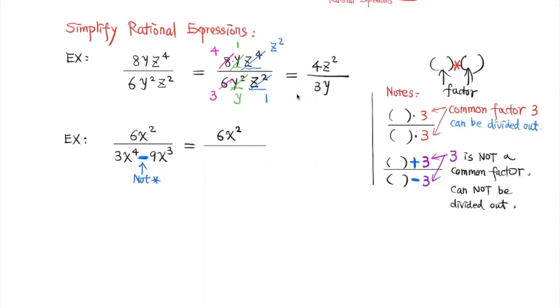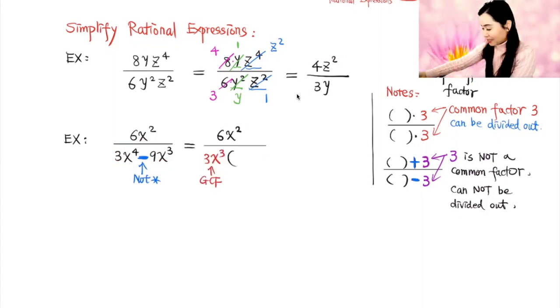Now the denominator is not factored because in between this is not multiplication. So to factor this, remember the first step in factoring is to take out the greatest common factor. The greatest common factor of these two terms will be 3x to the third power.